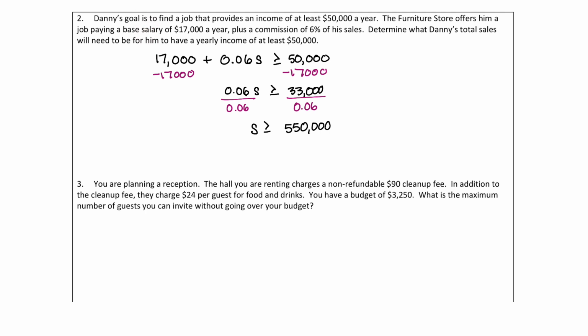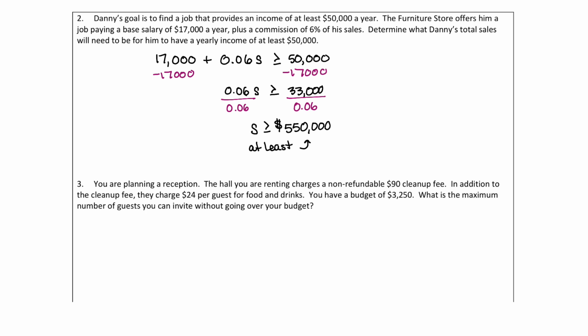S for salary or sales, either one. I used sales. S for sales. 17,000 represented the base salary. So it needs a dollar sign. Determine what his total sales will need to be. So he has to have at least $550,000.